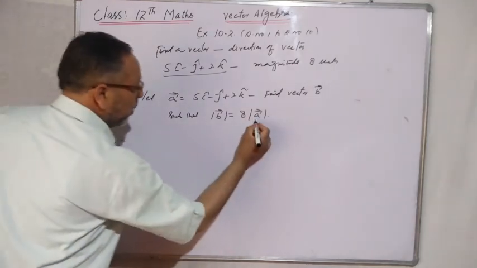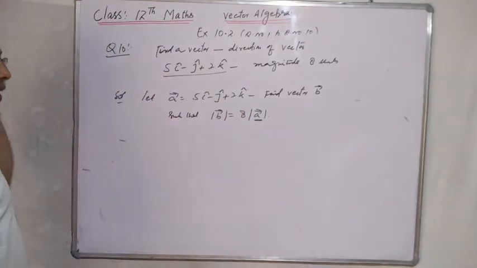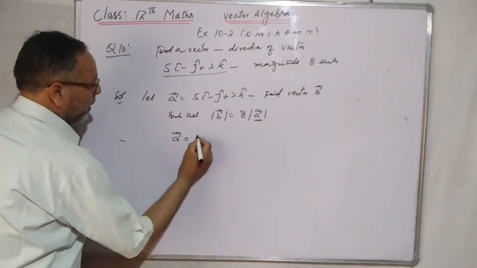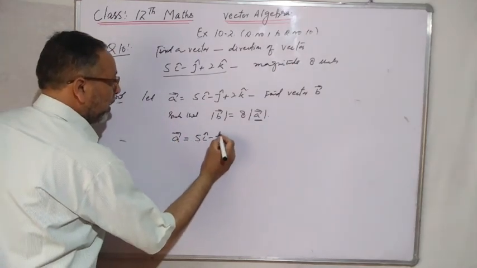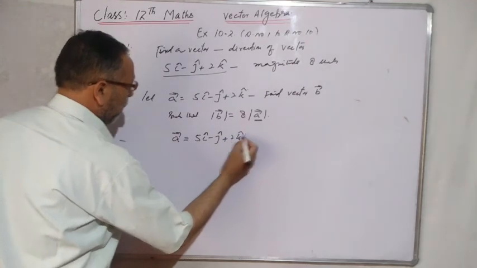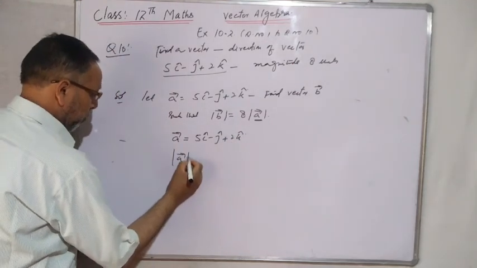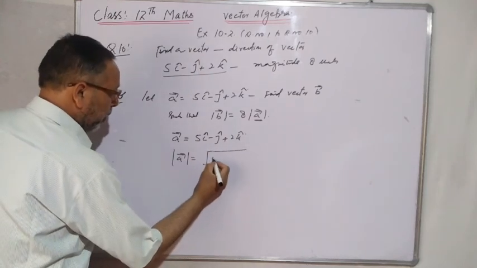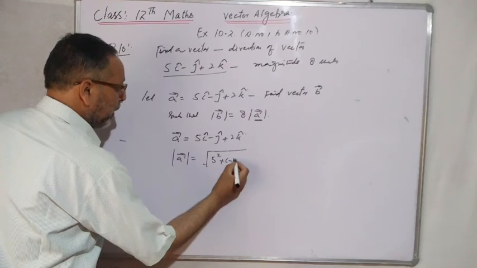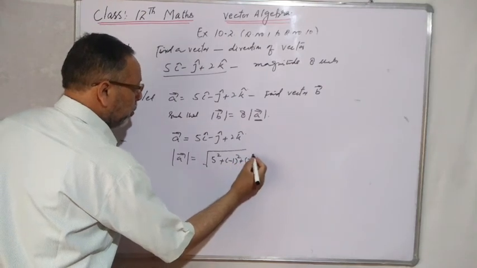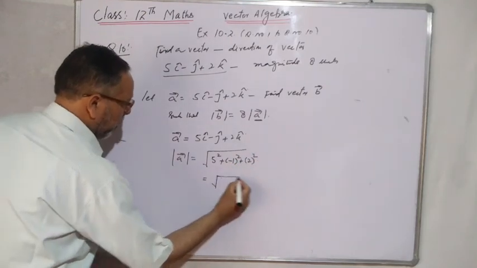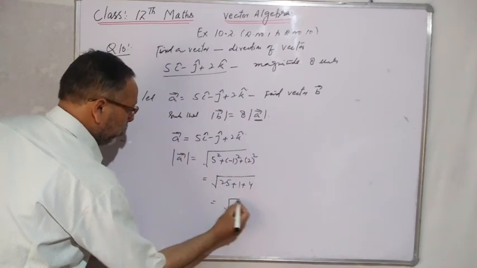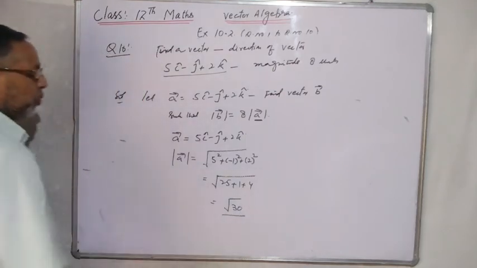First we have to find the magnitude of vector A. A vector is 5 i cap minus j cap plus 2 k cap. The magnitude of vector A will be equal to 5 square plus minus 1 square plus 2 square, so it is 25 plus 1 plus 4, which is root 30.